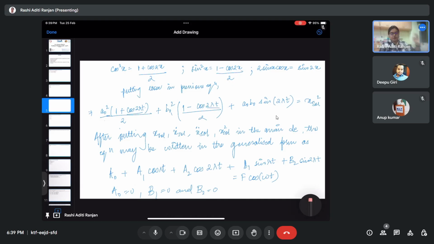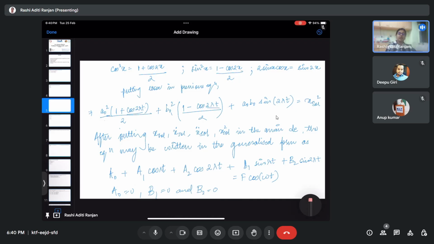In harmonic balance, we relate the coefficients of the sine and cos terms on the left hand side with the right hand side. So b1 equals 0, b2 equals 0, and only two things are left: a1 cos lambda t and a2 cos twice lambda t.